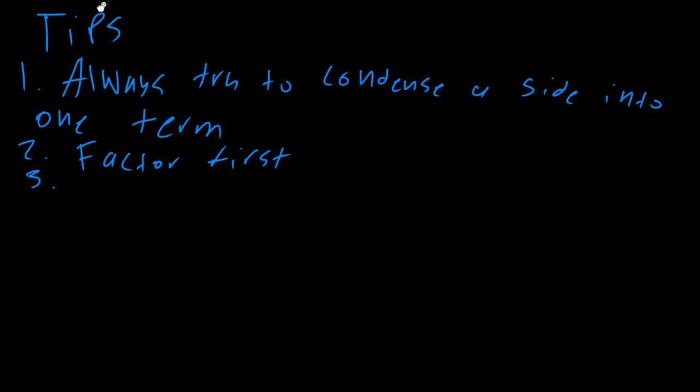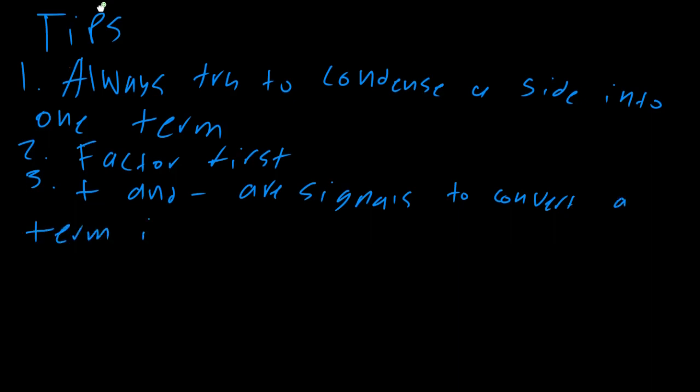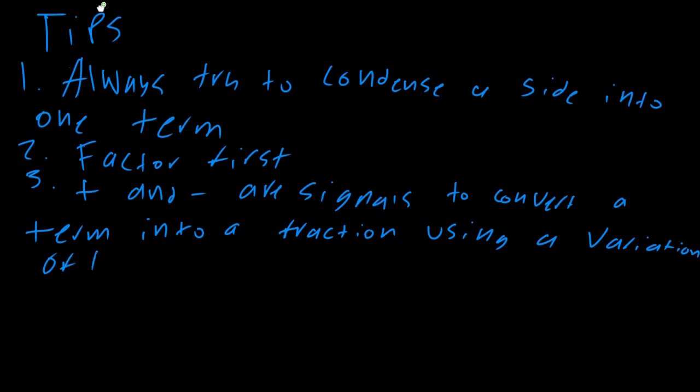The third tip is that plus and minus are signals to convert a term into a fraction using a variation of 1. That doesn't make sense right now, but it'll make sense later.